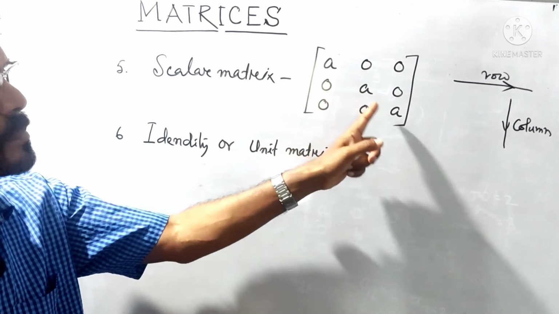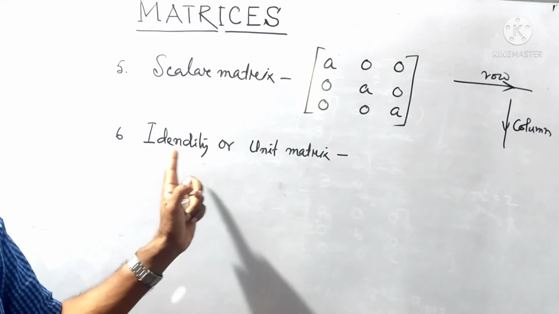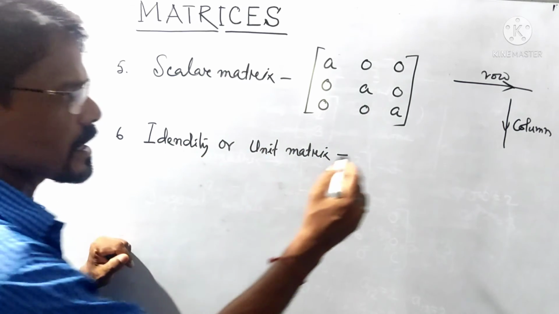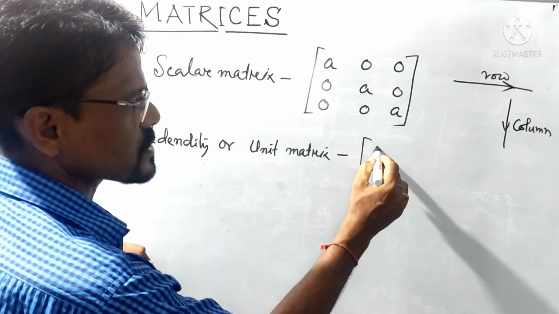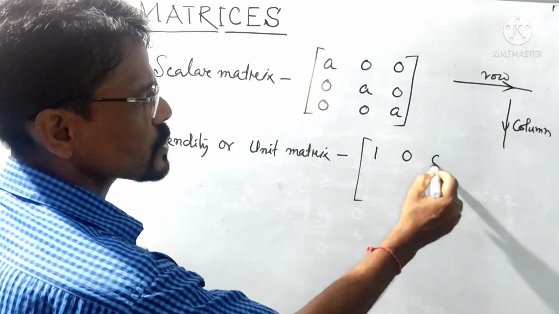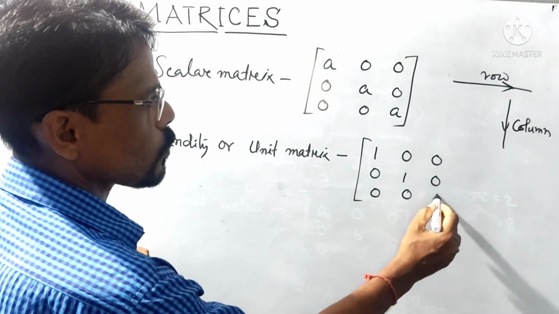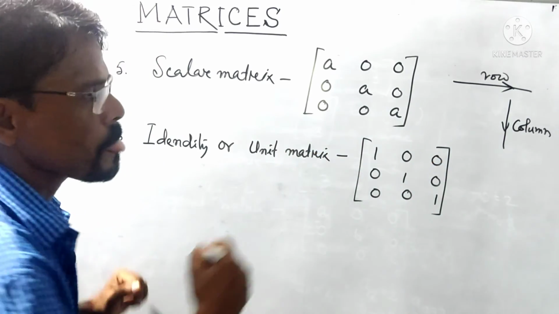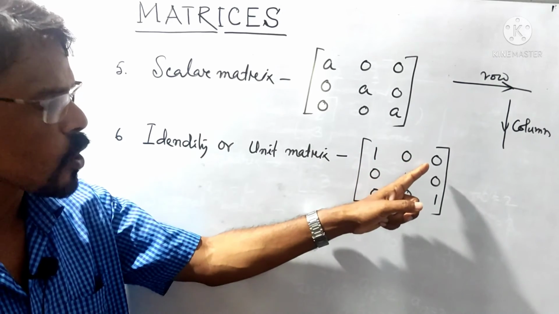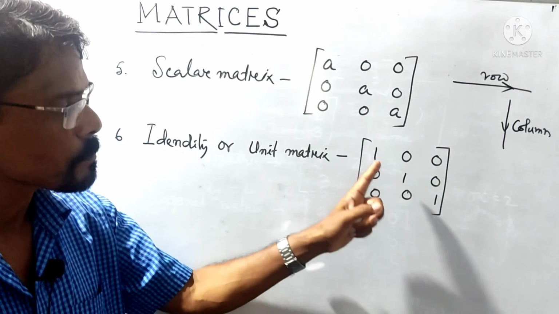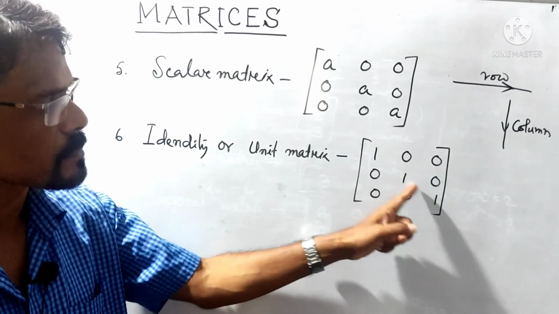Whenever the diagonal elements are 1, it is called an identity or unit matrix. Like I am writing here 1, 0, 0, 0, 1, 0, 0, 0, 1. You see, this is a square matrix, or you can say this is a diagonal matrix, but the diagonal elements are the same. This is 1.